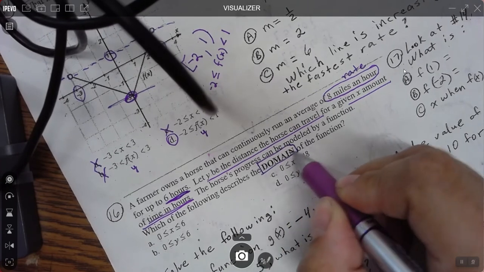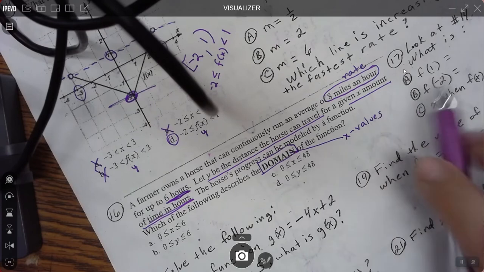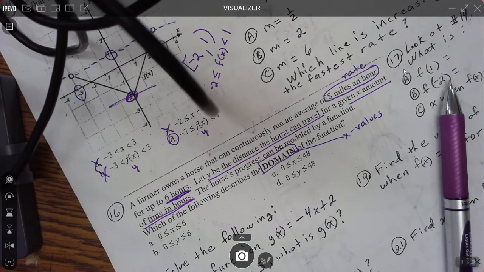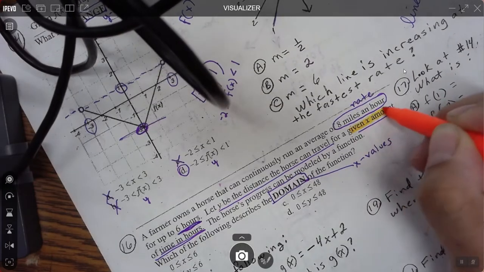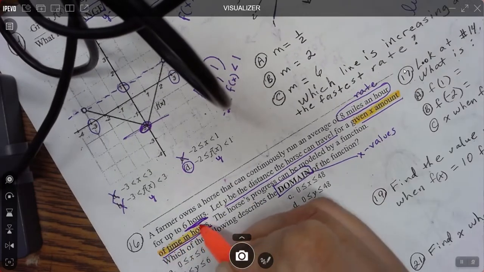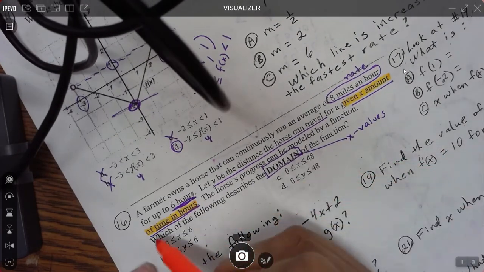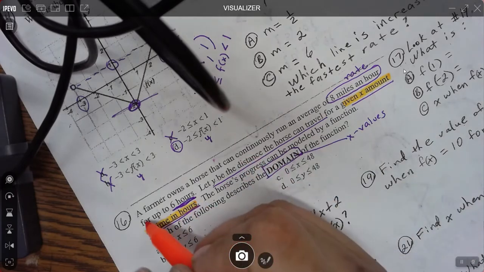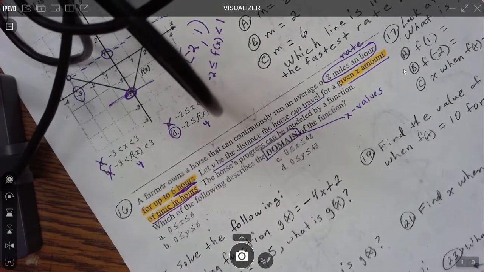All right, so the domain is x values, which means we are interested in x values. And they just told us right here that x is the amount of time in hours. And they told us over here that the horse can run for up to 6 hours, right?